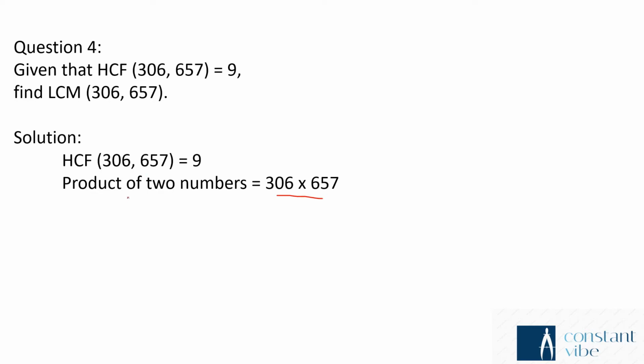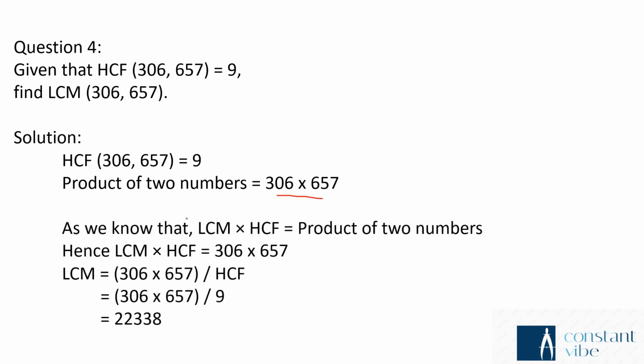So how can we find the LCM? We know that the LCM and HCF, the product of two numbers, hence the LCM into HCF equal to this one, and LCM equal to the product of these two numbers divided by HCF, so it will be this one.